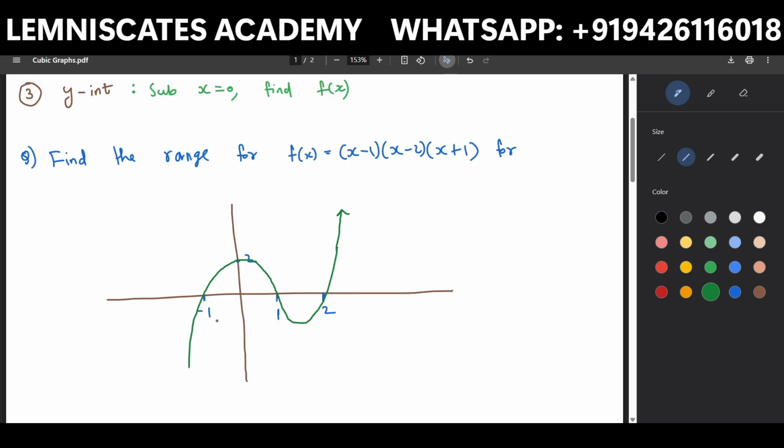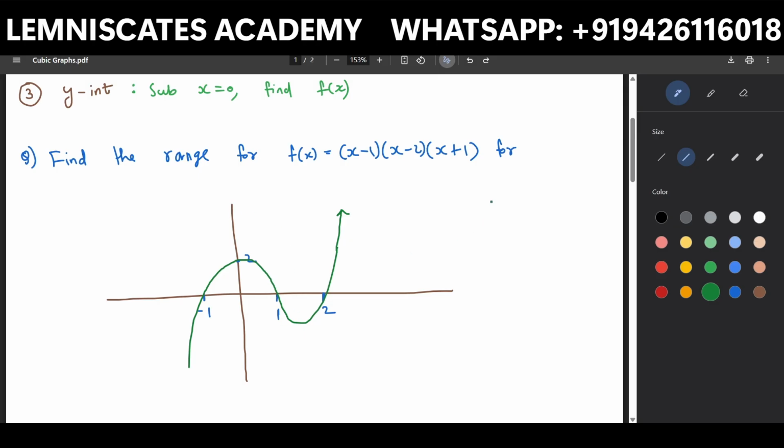We know that in between minus 1 and 1, somewhere between that I have to curl. And over here, in between 1 and 2, somewhere in between that I have to curl. I don't even know how much in the y-axis I need to go up and down. Because of this kind of uncertainty, you cannot know it directly without using differentiation.